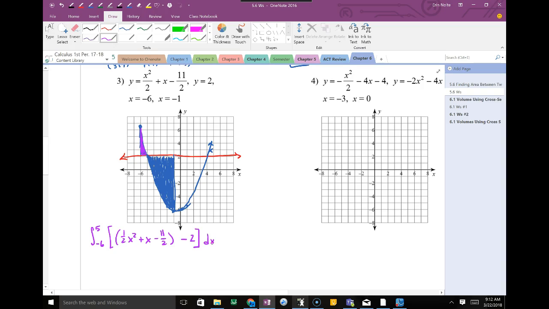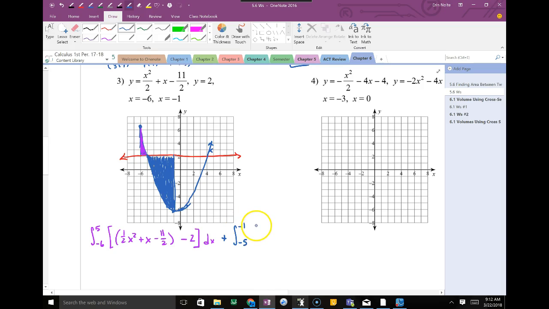Okay, and then I have to talk about the blue area. So I'm going to add the blue area to my purple area. We're going to add those two areas to find the total area. So to set up my area for the blue, what does that integral exist between? -5 and -1, good.